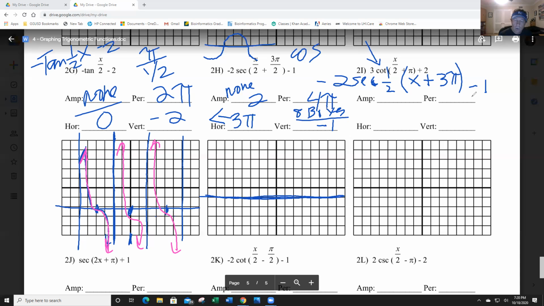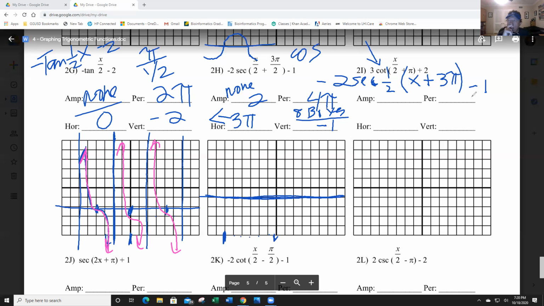Great. Normally I start here, but I'm going to move this thing 3 pi. Well, if 2 pi is 4 boxes, then 3 pi is 6 boxes. So I'm going to go 1, 2, 3, 4, 5, 6. This is my starting point. And my period is 4 pi.